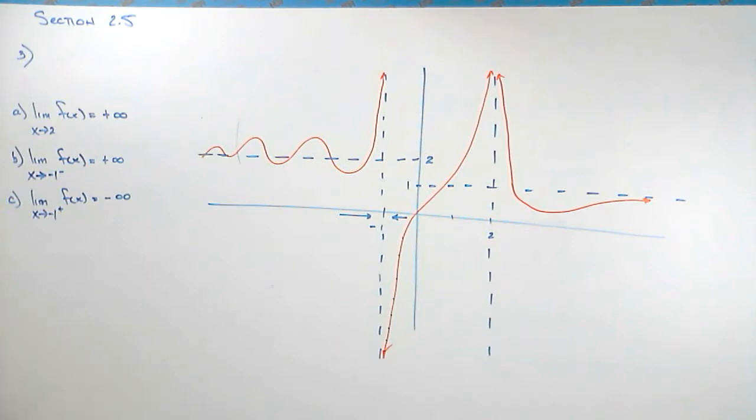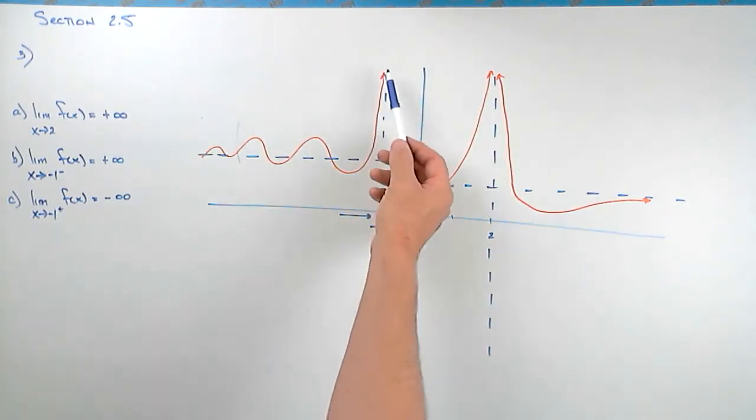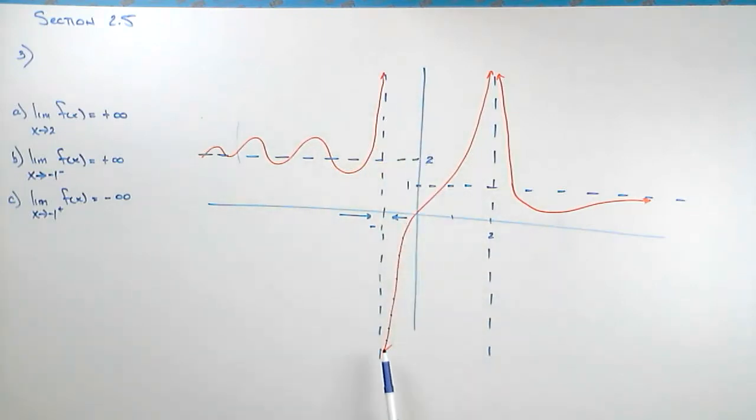Now, they don't ask us in this problem, but if they were to ask us about the limit as x approaches -1, not the one-sided limits, but the two-sided limit, we would have to say it fails to exist because from this side it goes to positive infinity, this side it goes to negative infinity.